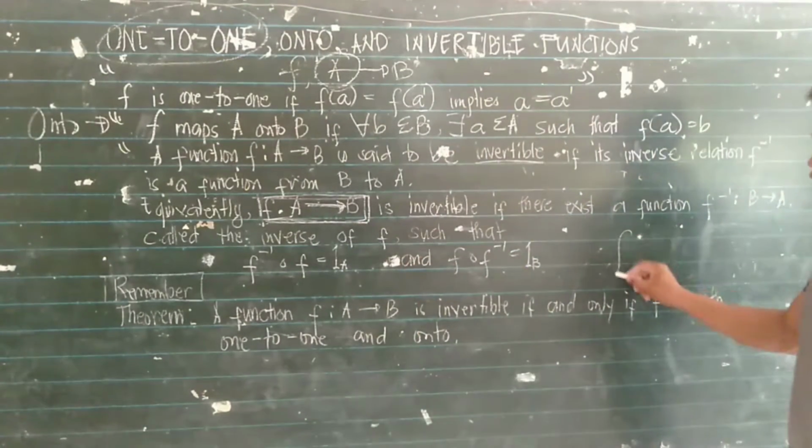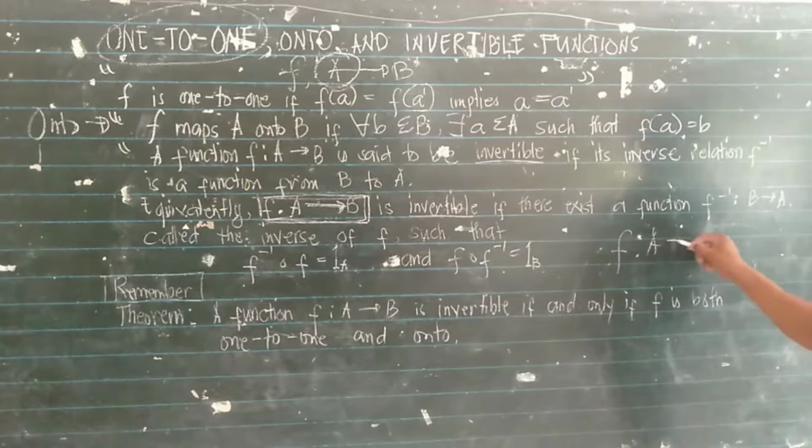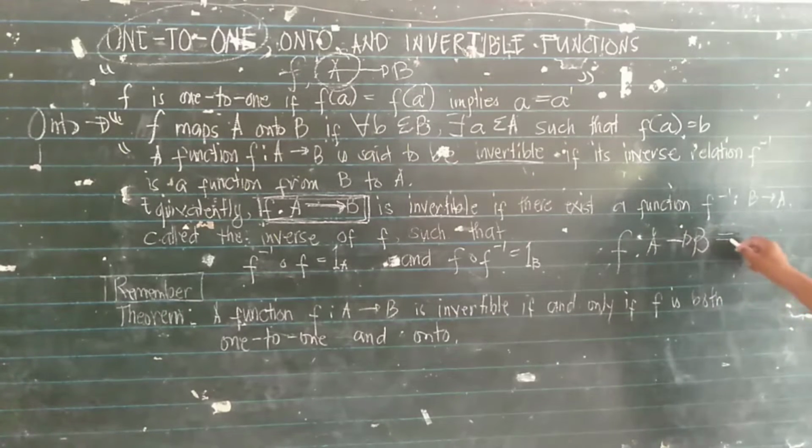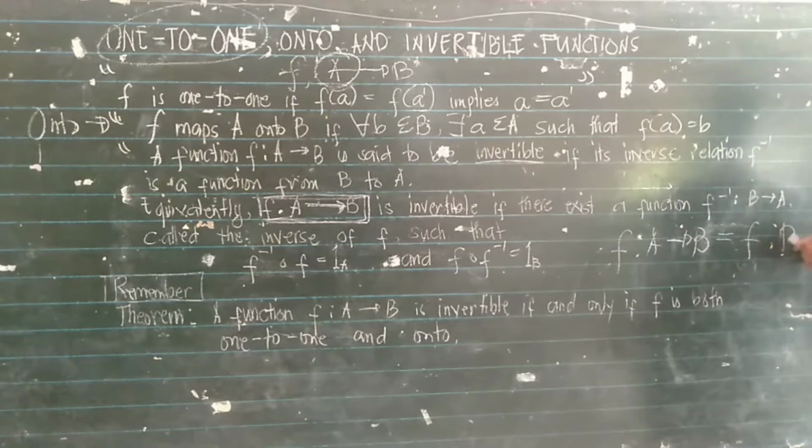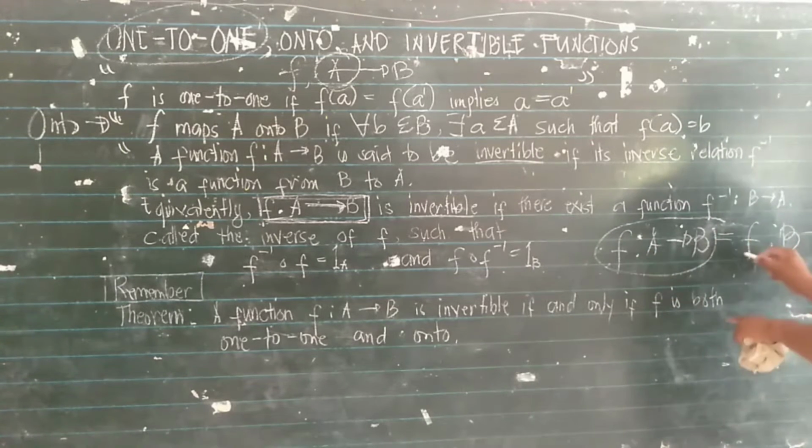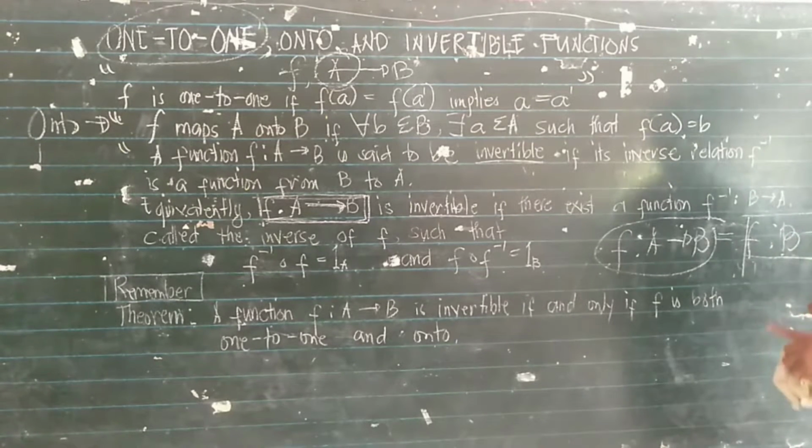We have a function from A to B, and the function from B to A, the inverse of this, should still be a function. That is one of the things that we're going to think about first.